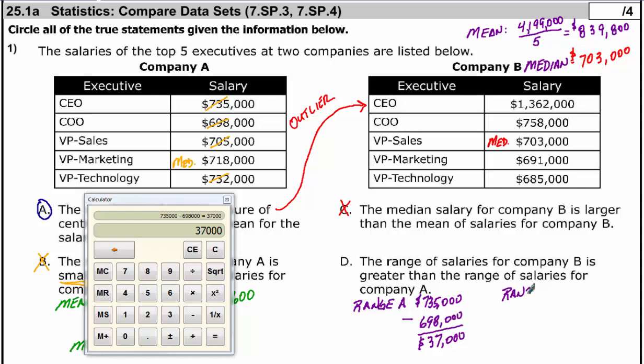The range for Company B is the largest salary, and that happens to be the outlier, $1,362,000 minus the smallest salary, and here it is, $685,000.